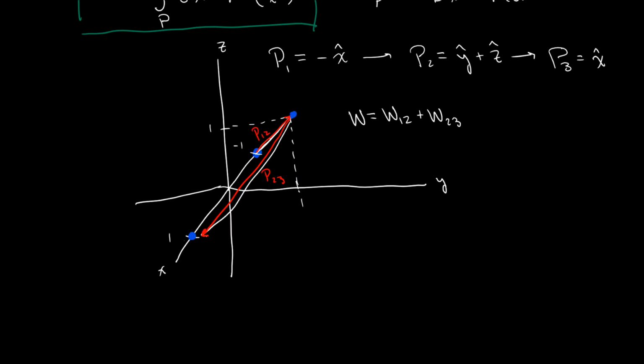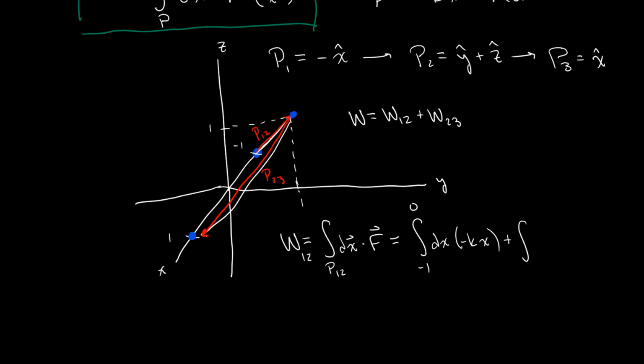Well, this is pretty simple to do because we just look at the integral along P12 of dx vector dot f, which is going to be equal to the integral from, well, so we'll start with our x integral, dx f sub x, but we know that f sub x is just going to be equal to minus kx, because that's the force in the x direction. And we start from -1 and we go to 0.